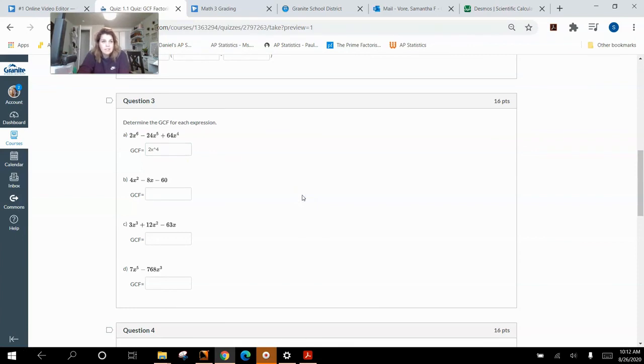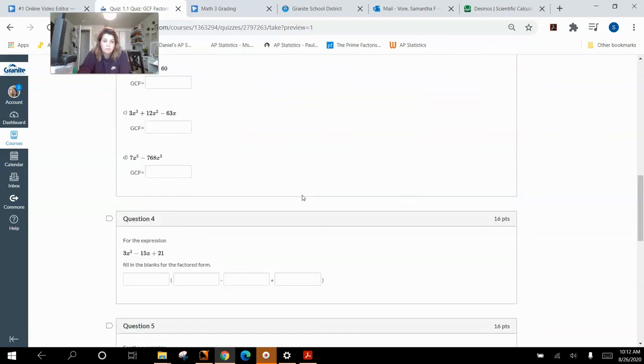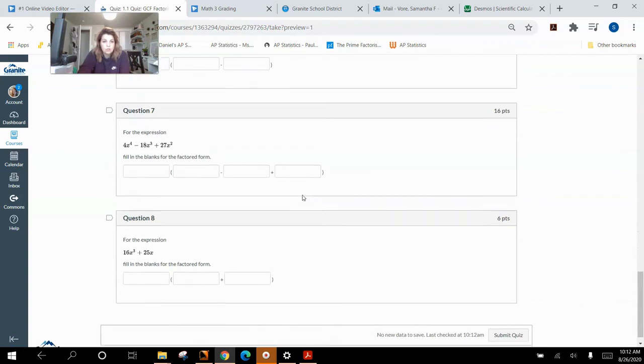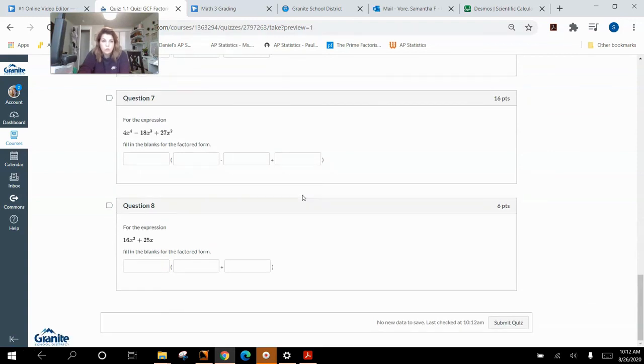I don't put parentheses in. I just type in the GCF. And then from there, they're similar to the first two. So you just want to make sure that you don't use spaces and you use shift 6 to do your exponents.